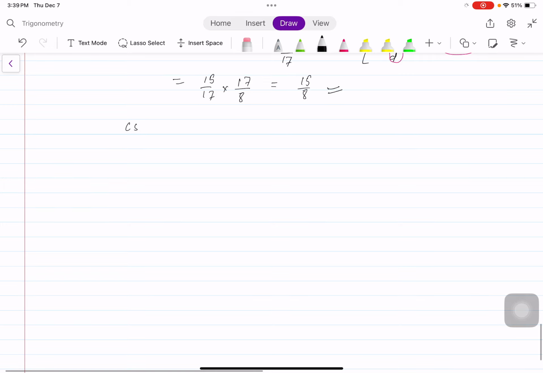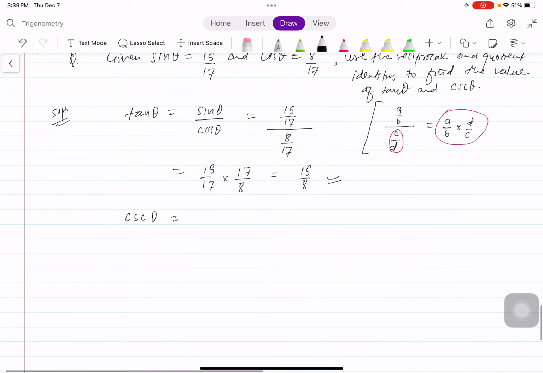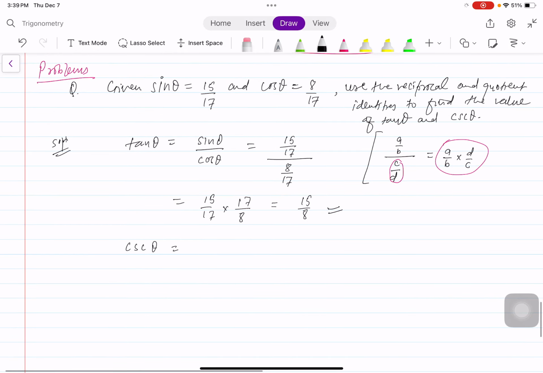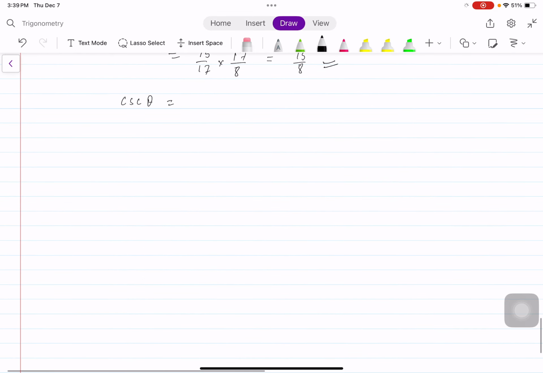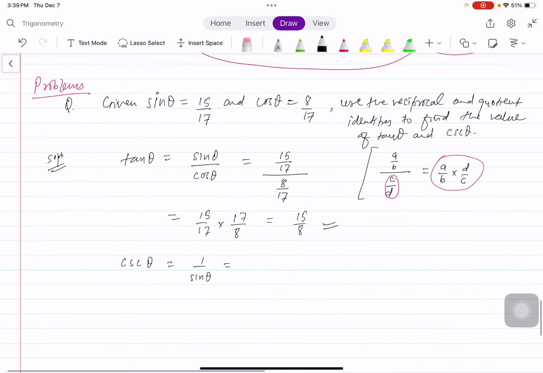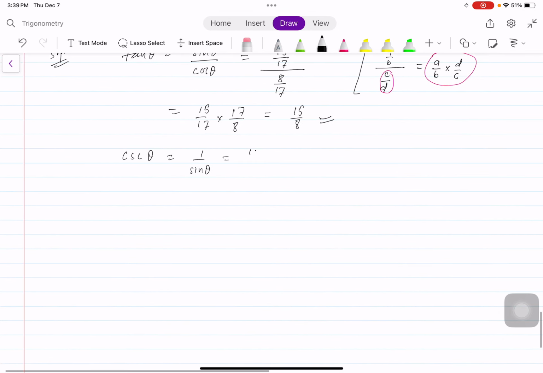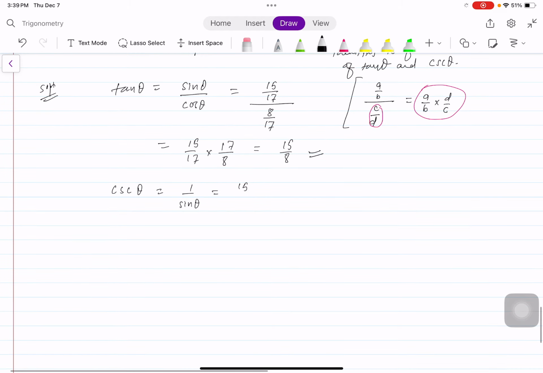Next one we want to find is cosecant theta, and cosecant theta is the reciprocal of sine. So we can just reciprocal it. It was 15 over 17, so we can directly write 17 over 15.